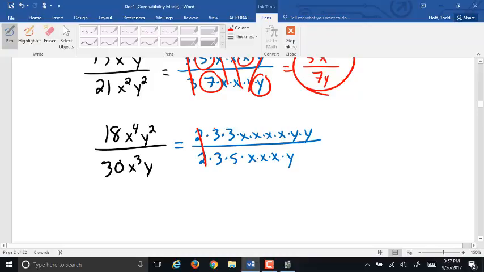We cancel a 2, cancel a 3, we will cancel 3 x's and a y. On top, we have 3x and y makes 3xy. And on bottom, we just have the 5.